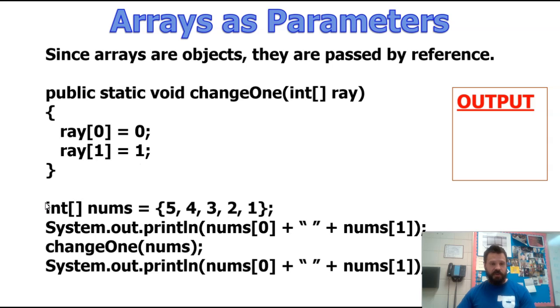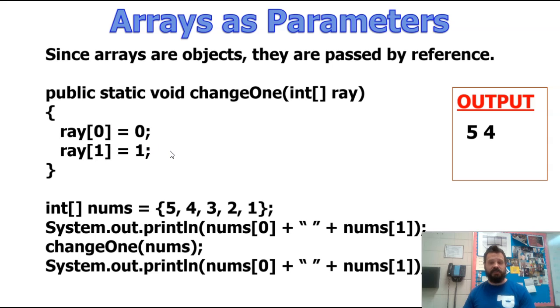So let's look at some code with it. If I create an int array nums with 5, 4, 3, 2, 1, and I print off elements at nums 0 and nums 1, we'll just get the 5 and the 4. And then when I call my method here, change1 on nums, it's going to set the value of the parameter array at 0 and 1 to 0 and 1.